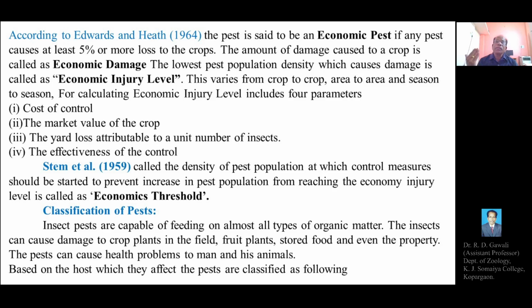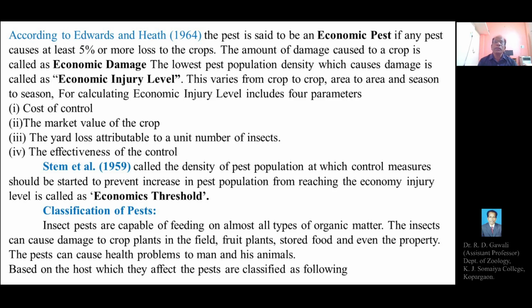The amount of damage caused to a crop is called economic damage, and the lowest pest population density which causes damage is called the economic injury level. This economic injury level varies from crop to crop, area to area, and season to season.